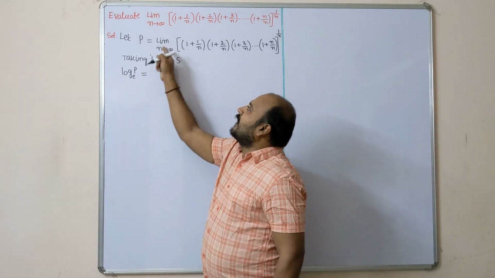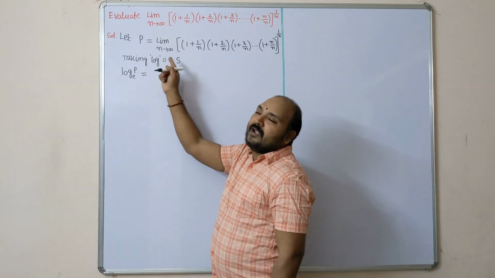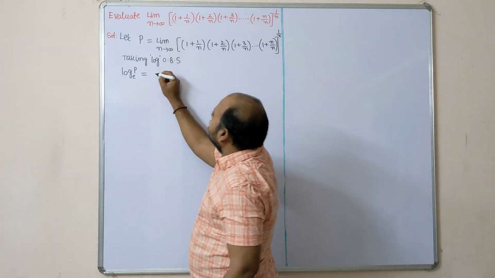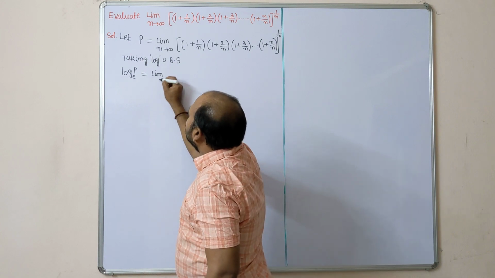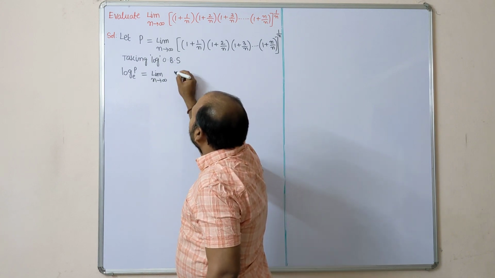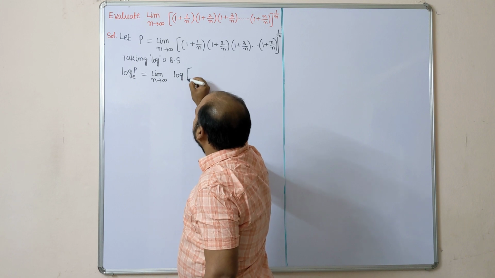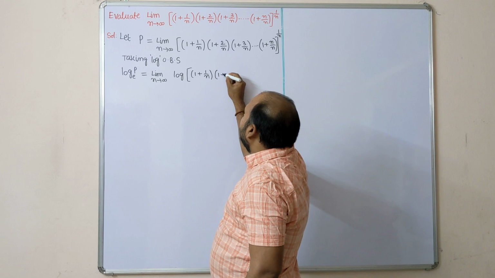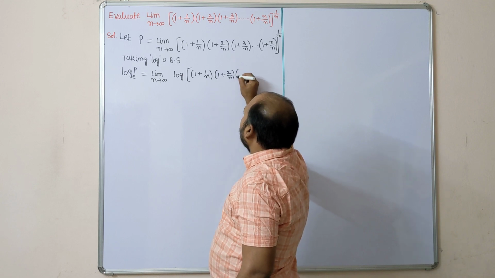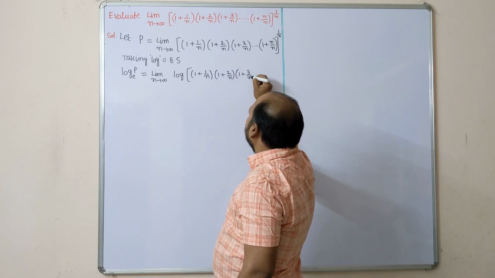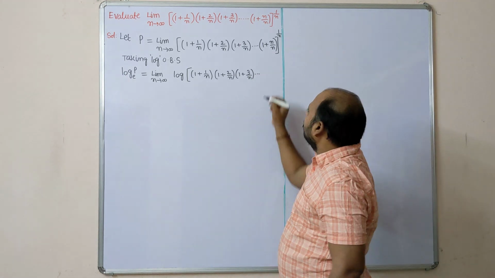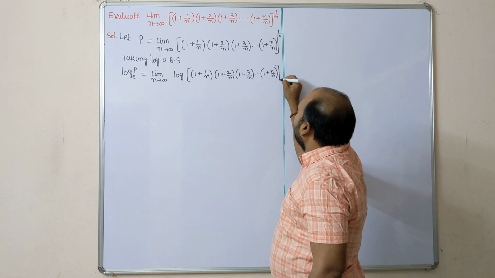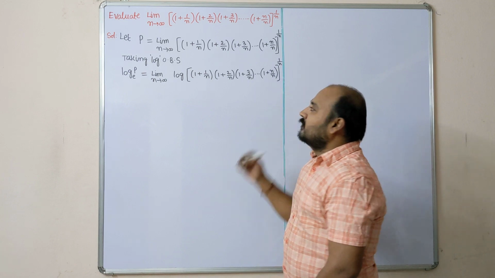log, where limit n tends to infinity is an operation, so we can take log inside the limit. Limit n tends to infinity, log of (1 plus 1 by n)(1 plus 2 by n)(1 plus 3 by n), and so on, (1 plus n by n), whole power 1 by n.